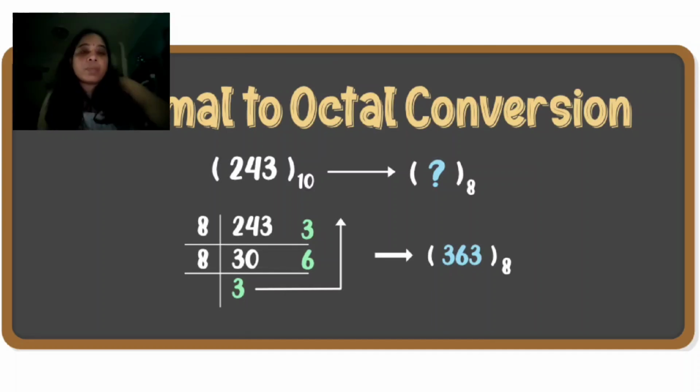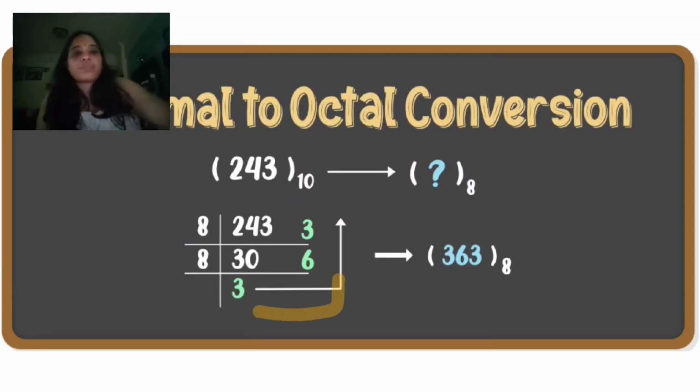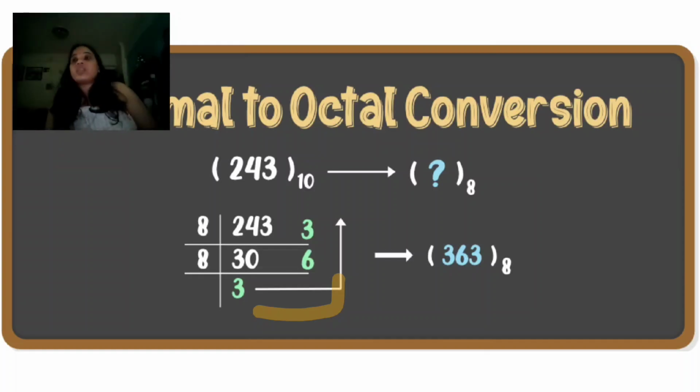When we divide by 8, you get this answer. 3 8s are 24, and then remainder 3. And then you get the answer 363. So the base is 8. This is the example for decimal to octal conversion.